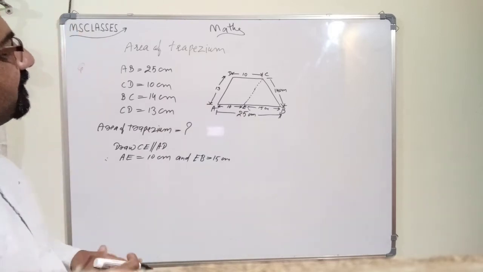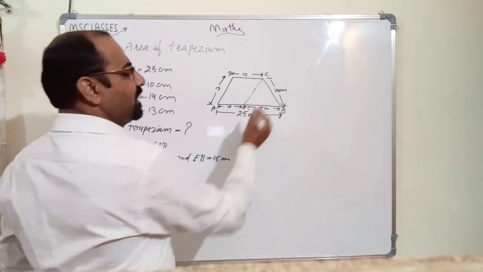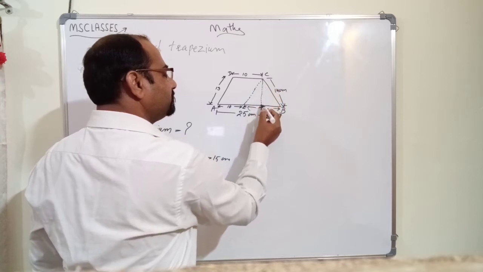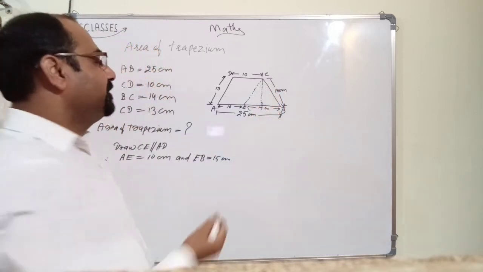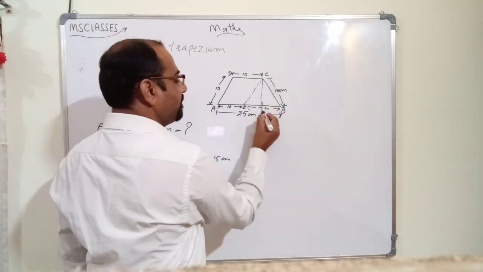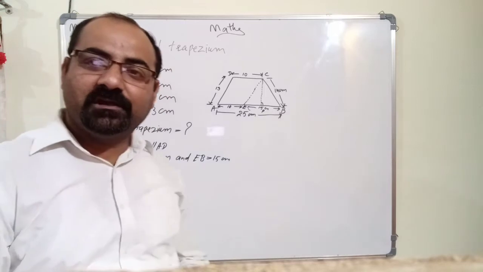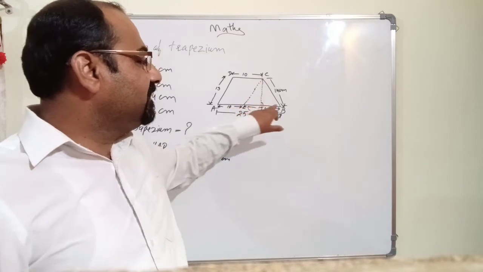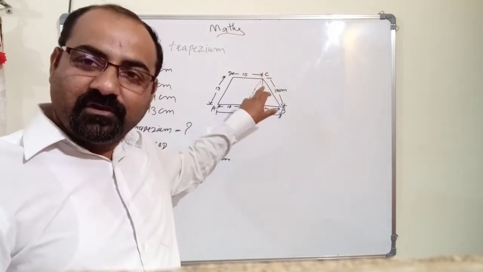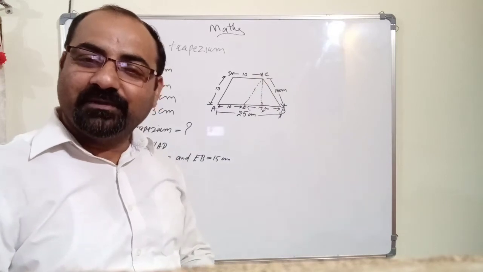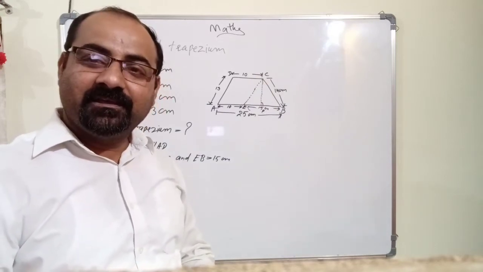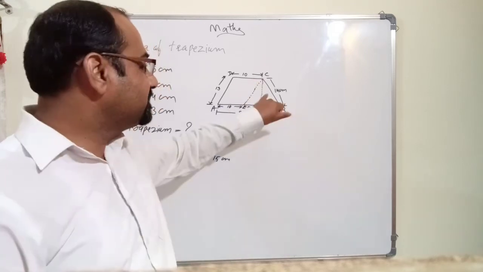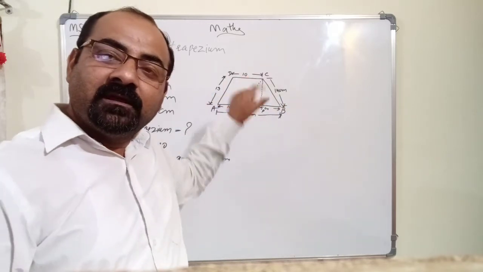Now guys, we have to calculate the perpendicular distance. Let the perpendicular be CP. Now how to calculate the perpendicular? If we calculate the area of this triangle, then guys, we know the area of a triangle is half into base into perpendicular height. Only then we can calculate the height of this triangle, and the height of this triangle is equal to the height of this trapezium.